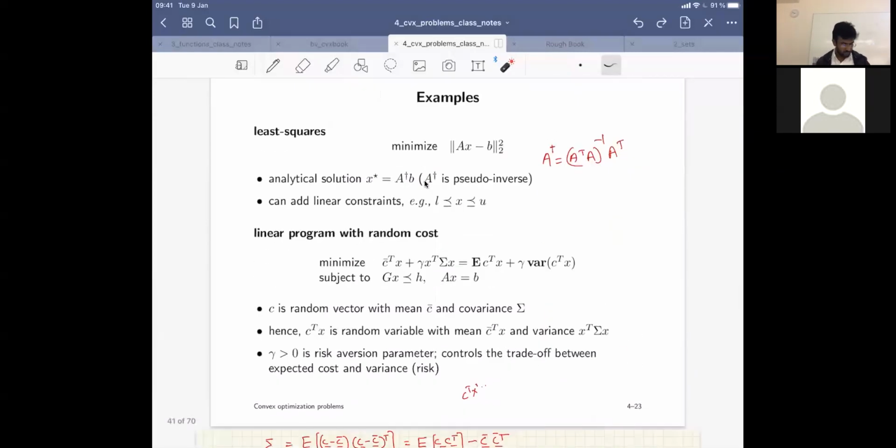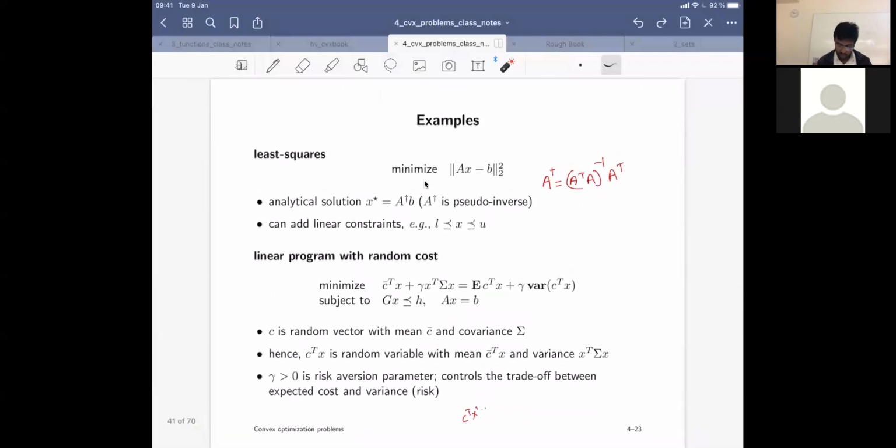So, examples. One is this we already saw, the least square, which will have a solution of the form A dagger B. A dagger is the pseudo inverse, which we already saw in the first class, (A transpose A) inverse into A transpose. So this is the least square, which has an analytic solution.